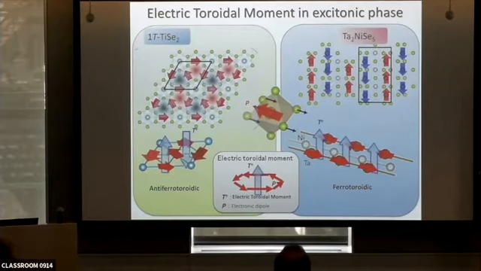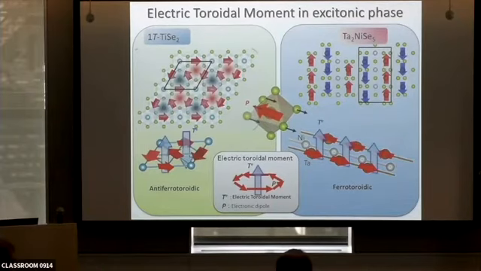The two arrangements are none other than forming an electric toroidal moment.